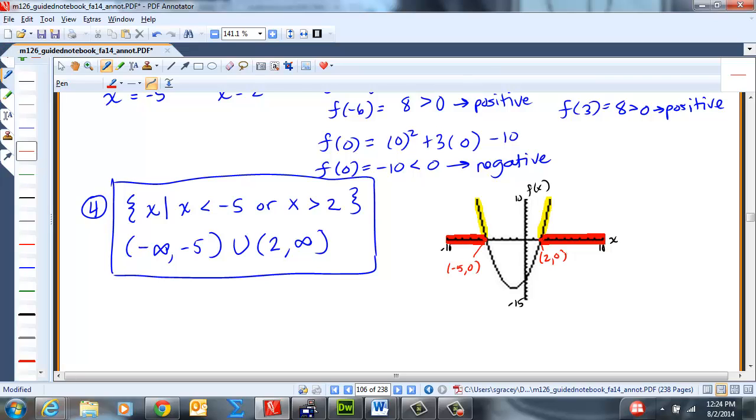And so the whole interval here was the interval on x where x goes from 2 all the way to infinity. And this interval here was x going from minus infinity to -5. So these here are ordered pairs, which represent the x-intercepts.